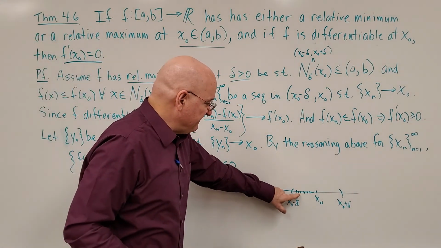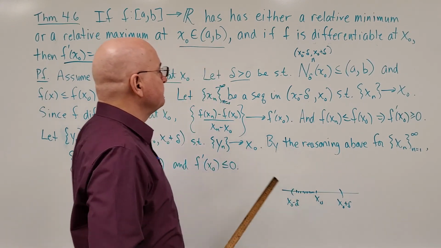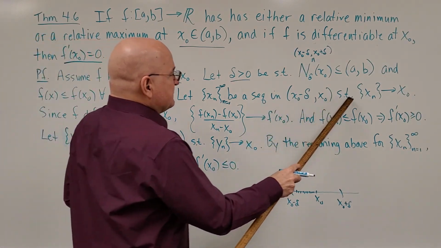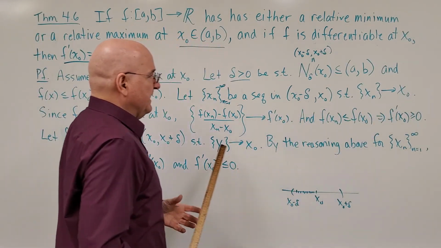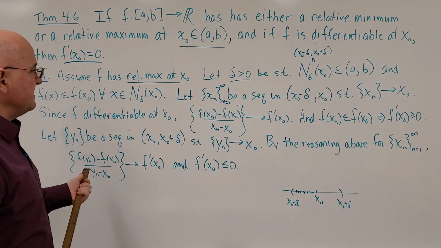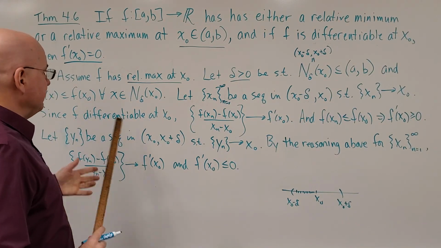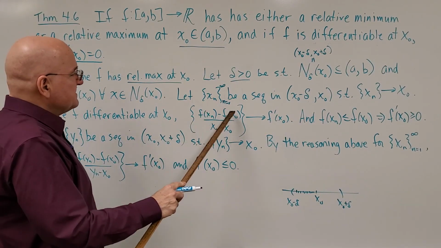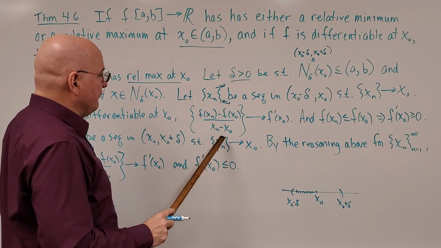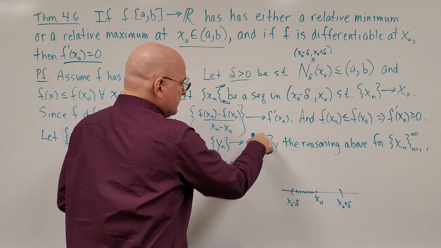So we know that f of x is increasing as we get up to x naught. Since f is differentiable at x naught, we know by either the definition or the theorem that followed that this sequence, f of x n minus f of x naught over x n minus x naught, converges to the derivative of the function at x naught.